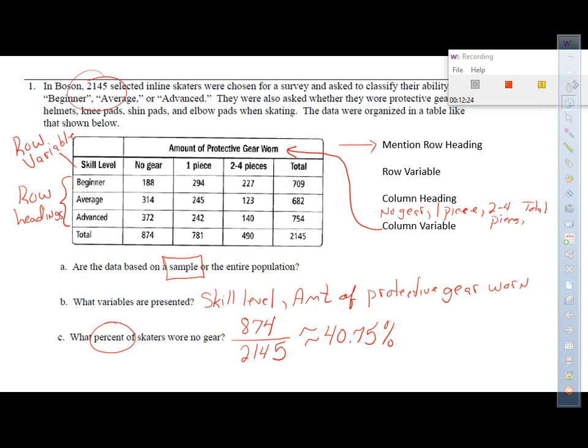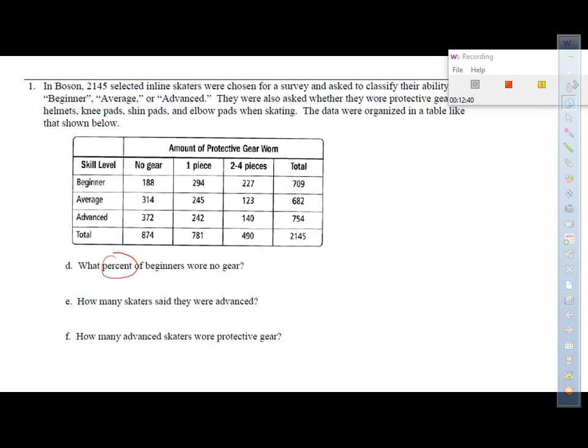Here's D, that same chart again. It says what percent, so once again I need a percent, of beginners wore no gear. So I need to go get the percent of beginners. So I need the number of beginners that wore no gear. That looked like the 188 of them. And I need to divide that by, see if you can decide if we're going to divide that by 2,145 or 709.